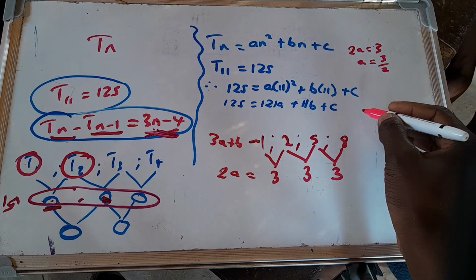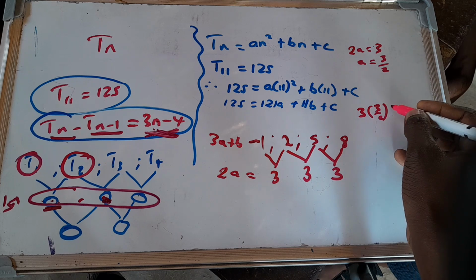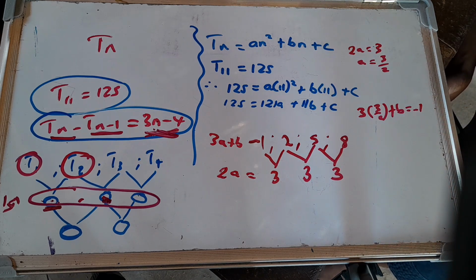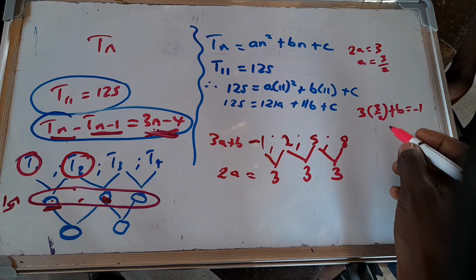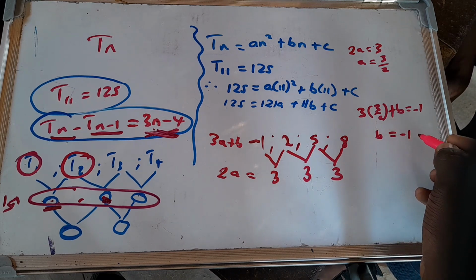What about B? We know that 3A plus B is equal to negative 1. So B equals minus 1 minus 9 over 2. What do we get?